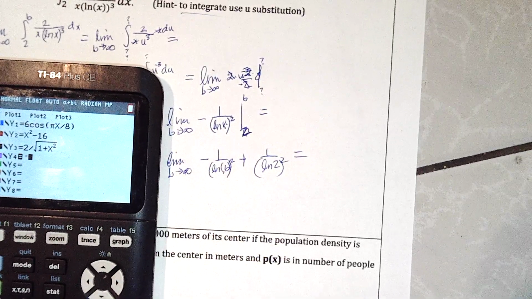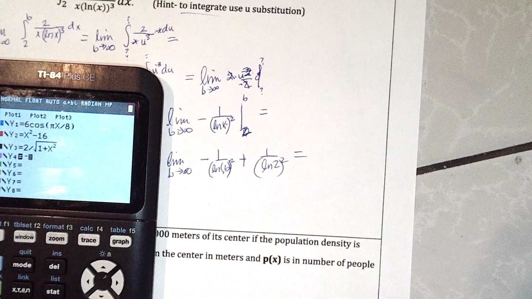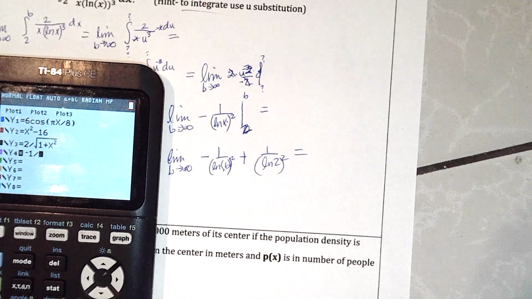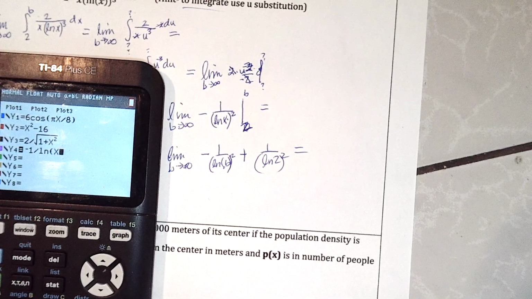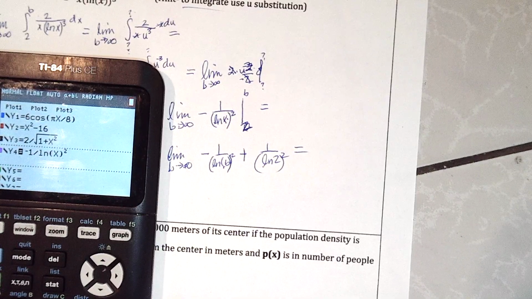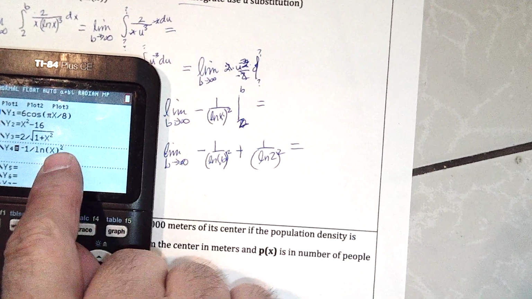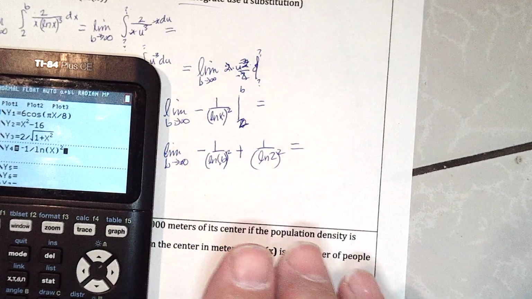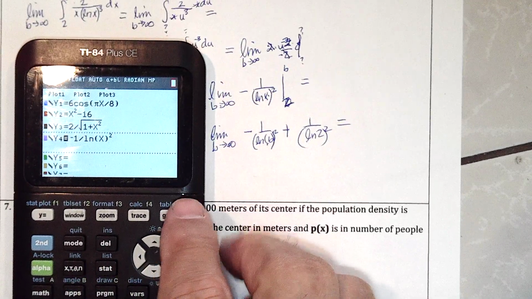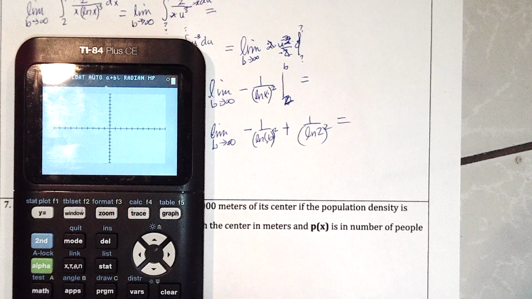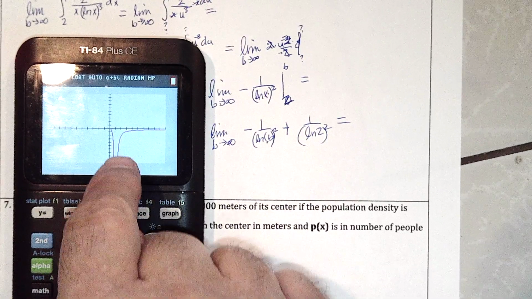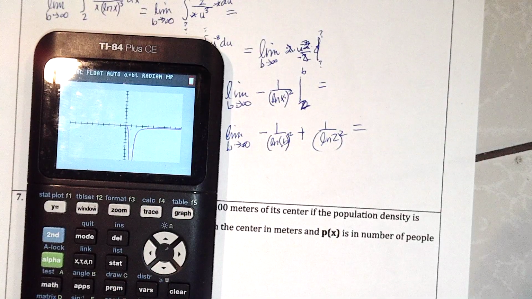Minus 1 divided by ln x whole thing squared, and we want to know what happens when the x to the b gets really large. So I'm going to go zoom 6, and it looks like it's getting closer and closer to 0.